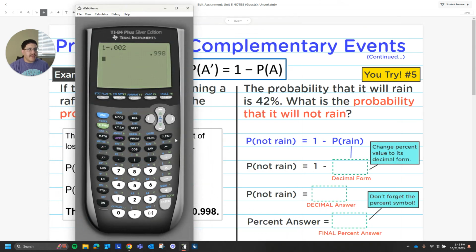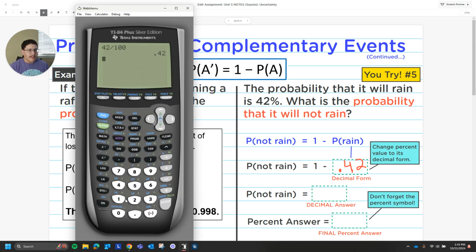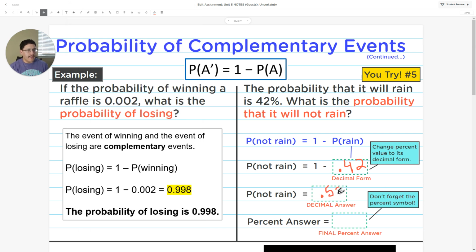So 42% as a decimal. You're going to take 42 divided by 100, and you get 0.42. Do the math. 1 minus 0.42, and we have 0.58.